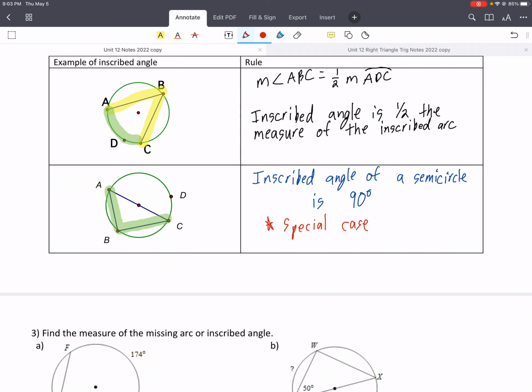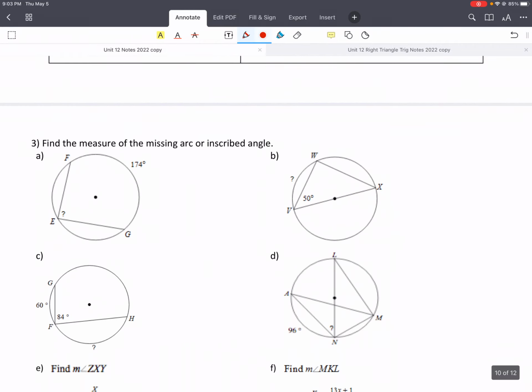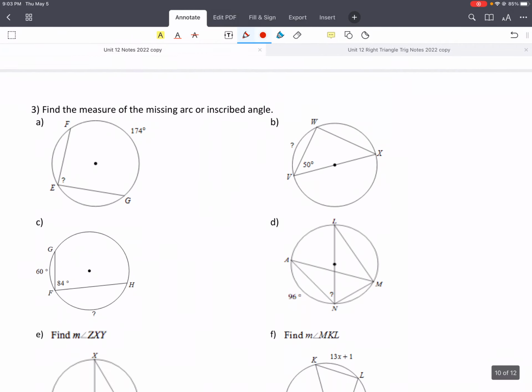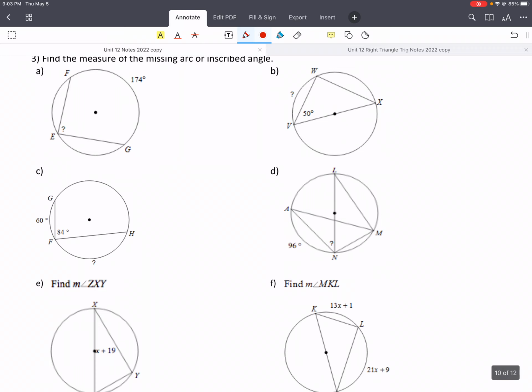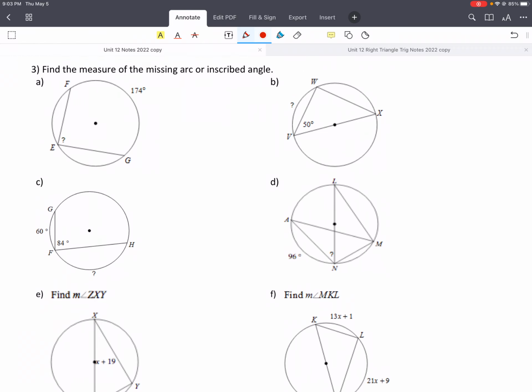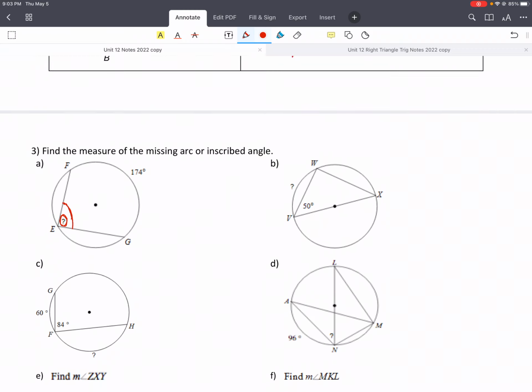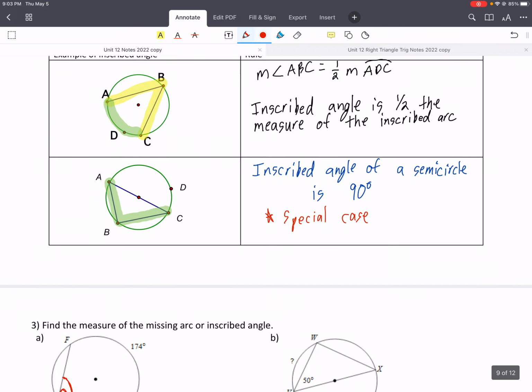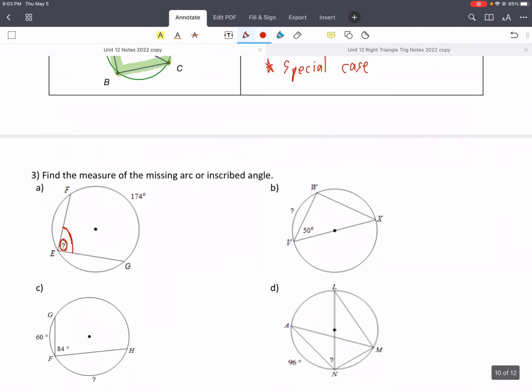Okay, so let's practice this. We got a lot of different examples here. So for A, it says we want to find the measure of the missing arc or inscribed angle. So we want to find this, which is our inscribed angle. And we just saw that our inscribed angle is half of the inscribed arc.